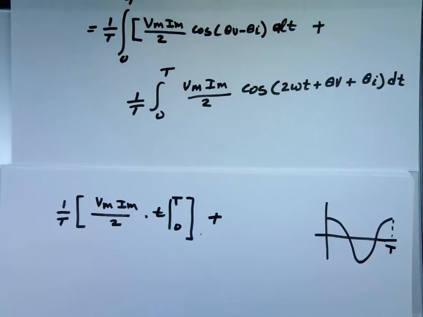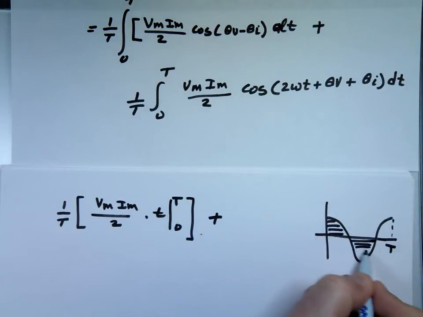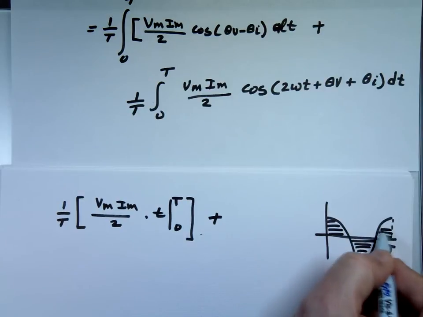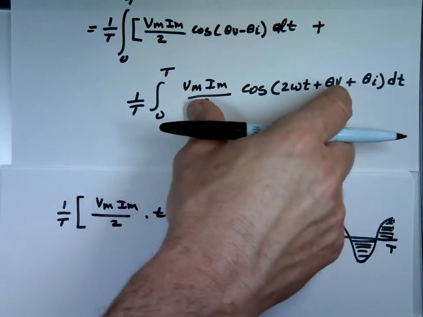What is this area when you add it? Calc 2. How about a 0? The positive will cancel the negative. So the answer to this part is really a 0.